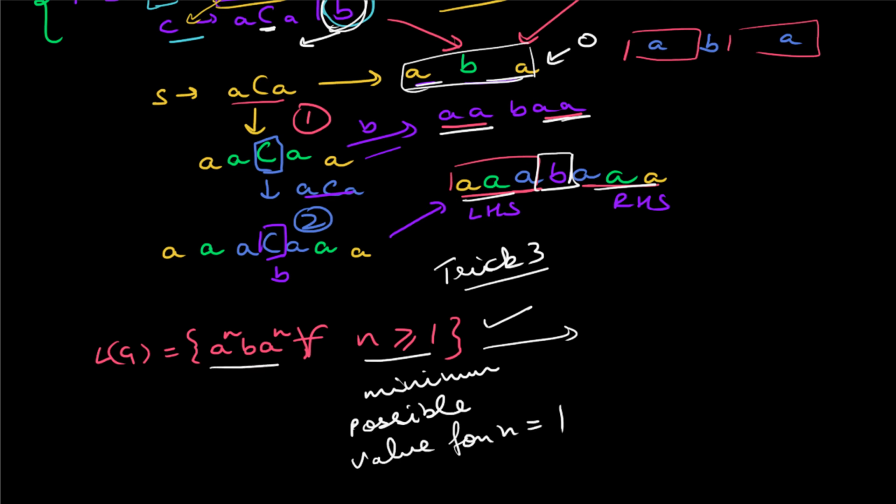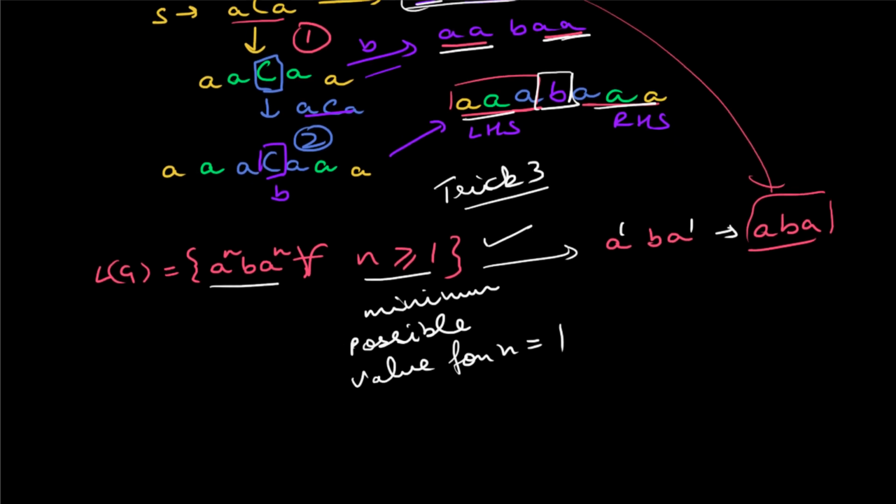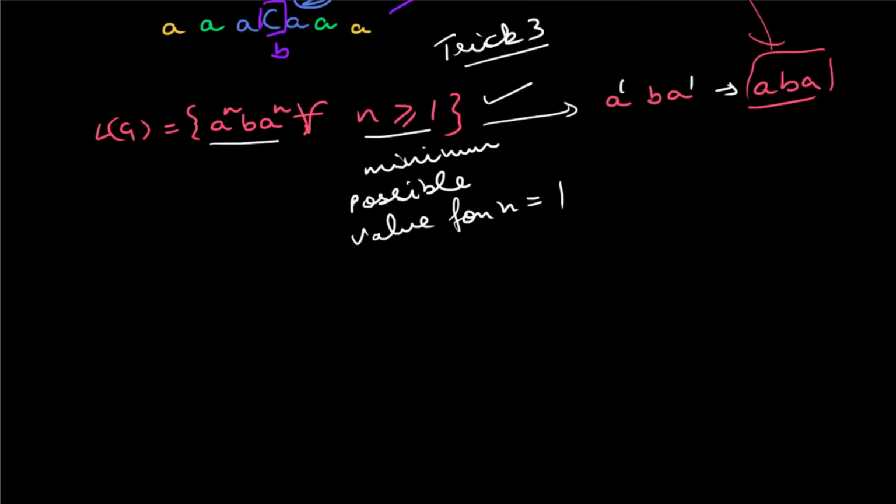Just place n right exactly here, and replace n as 1. What you get is our shortest string, and this is what we got right here. So you can use this to verify whether your answer is correct or not. We're just reverse engineering the process. So we've got this answer.